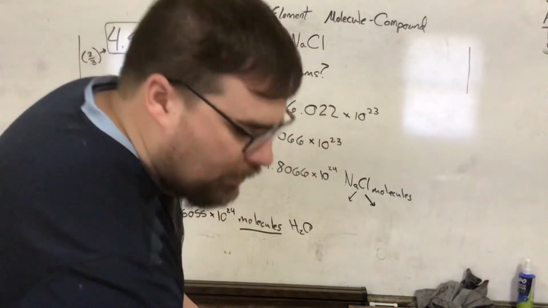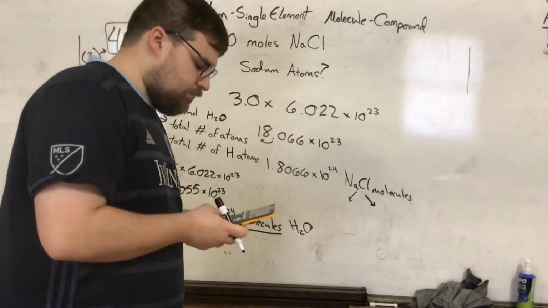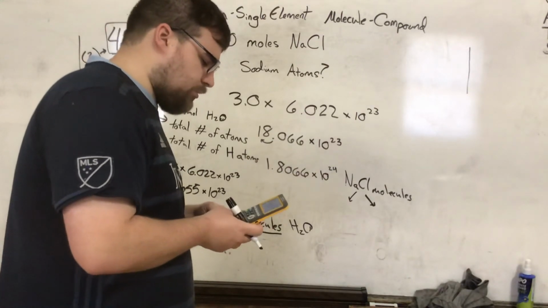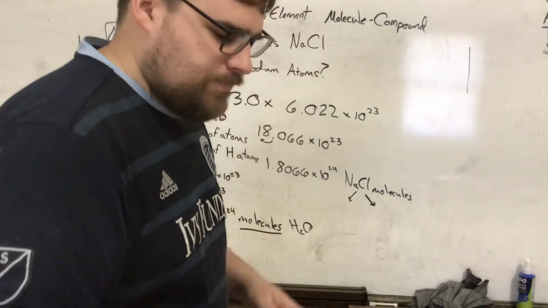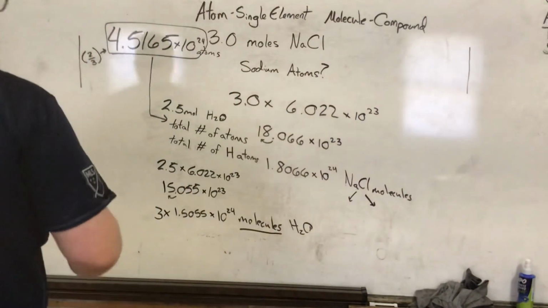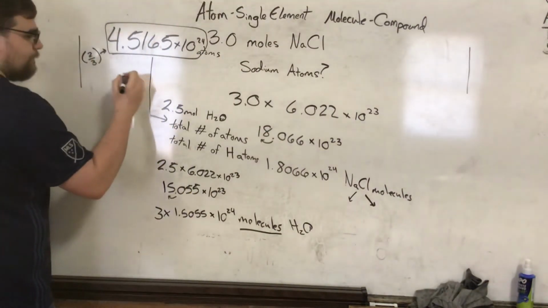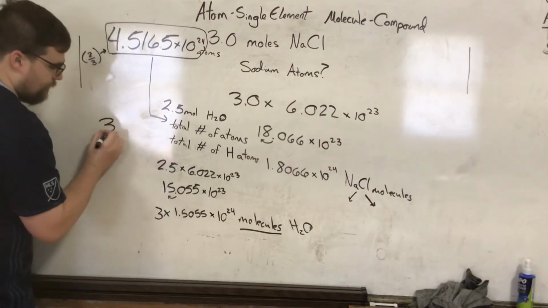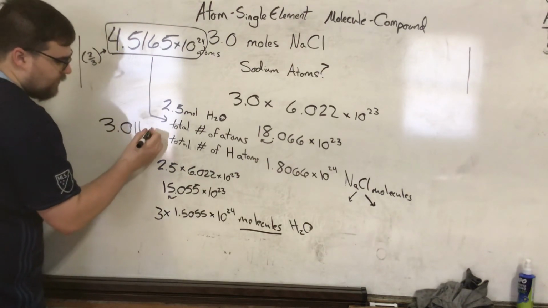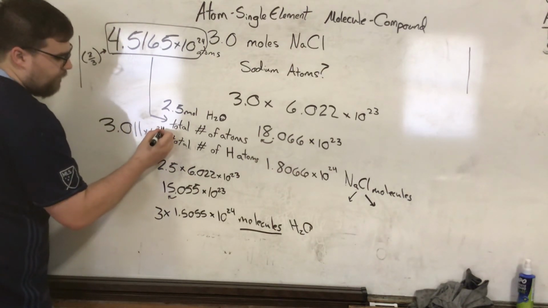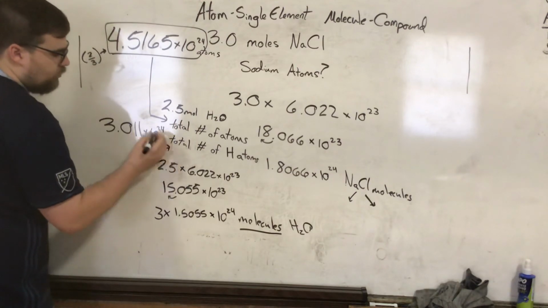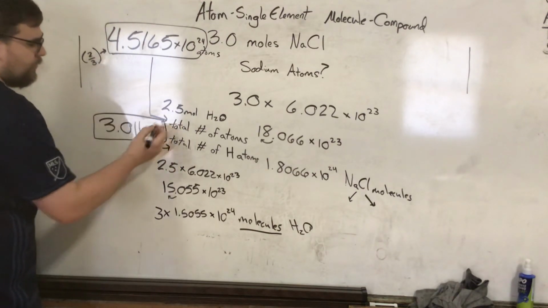So if I want to multiply this by 2/3, then I get 3.011 times 10 to the 24th as our total number of hydrogen atoms.